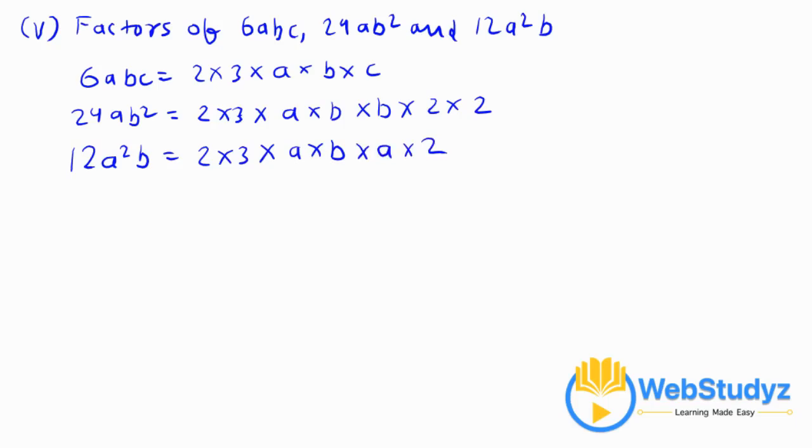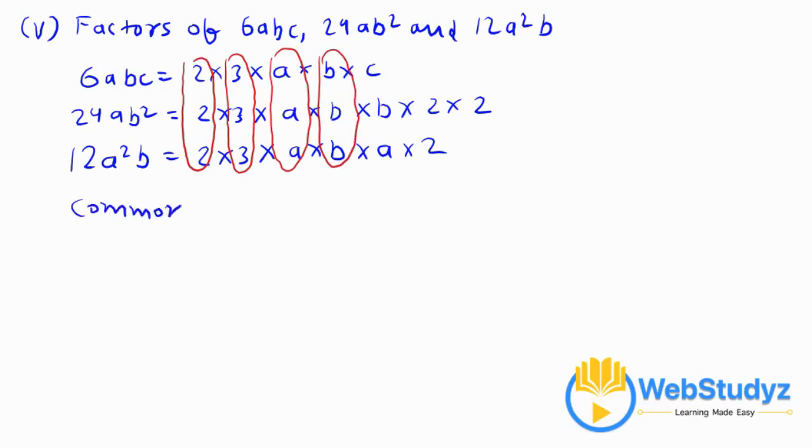So as we can see, the factors which are common in all of them are 2, 3, a, b. So let's write it down. The common factors are 2, 3, a, b.